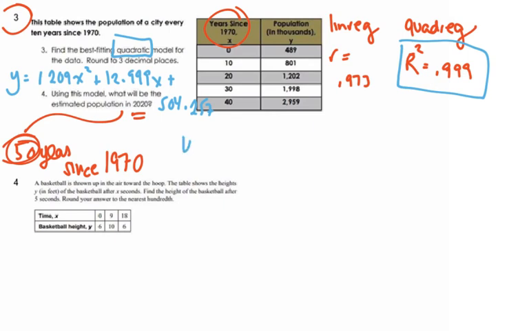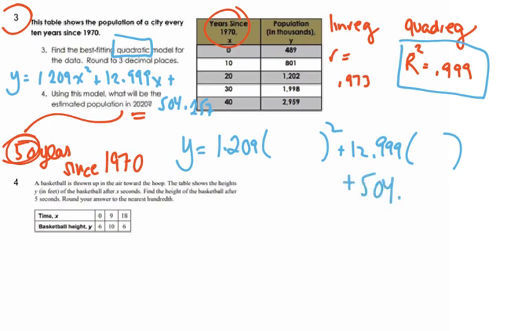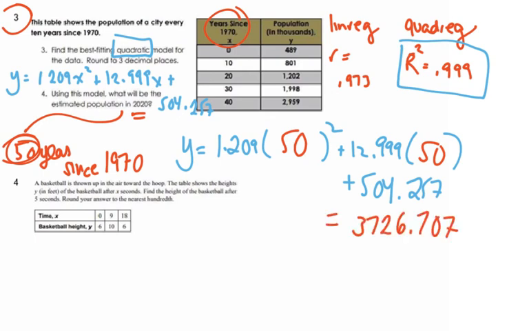I'm going to plug into y equals 1.209x squared plus 12.999x plus 504.257. And then we're going to plug in a 50 in both of those places, and the calculator will do the rest of the work. So the estimated population should be this much at that time, in thousands: 3,726,707 thousand.